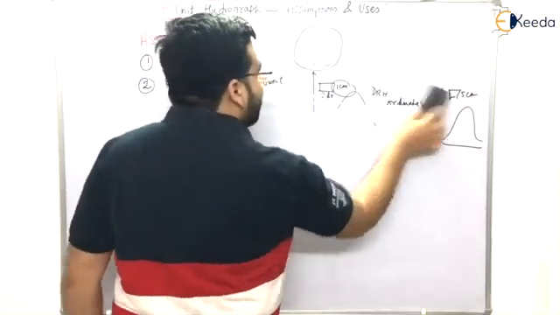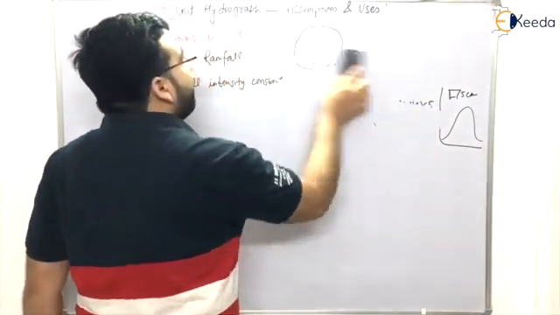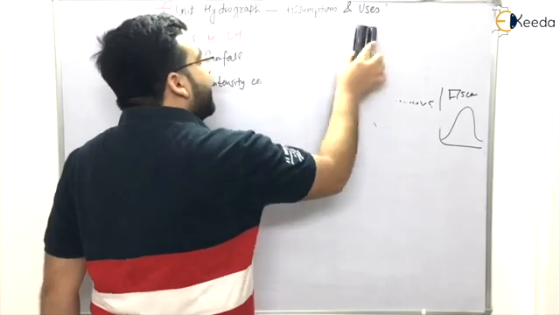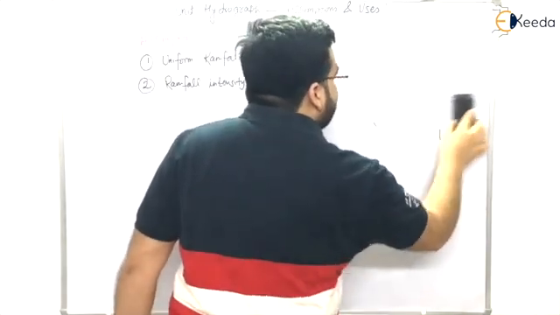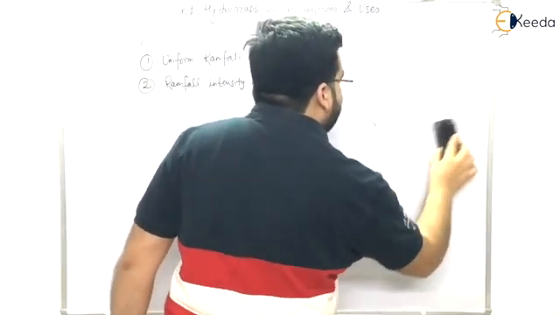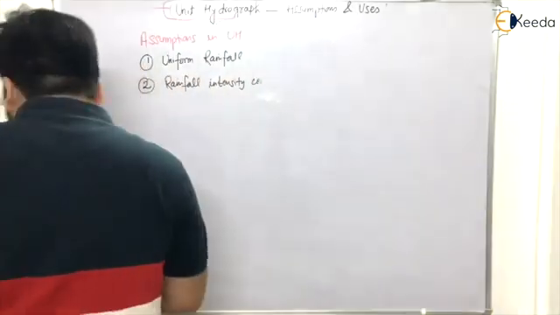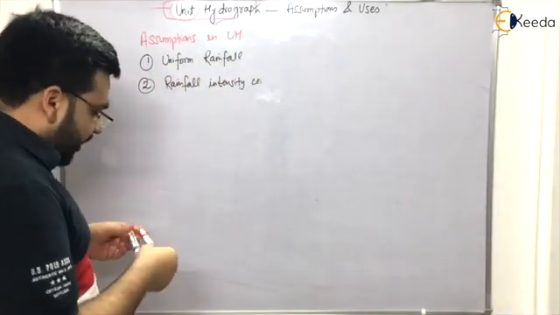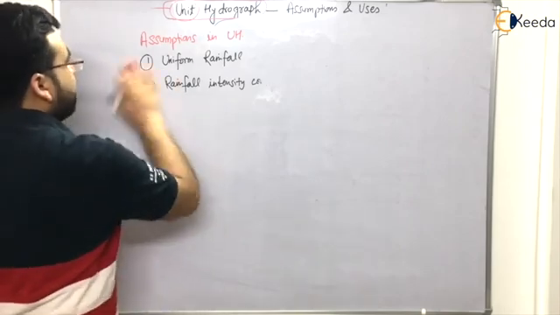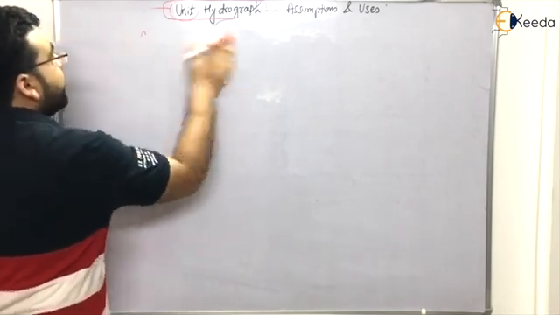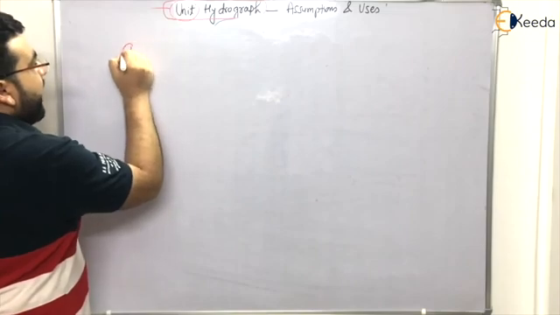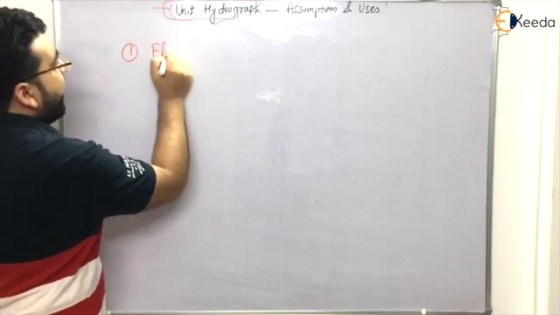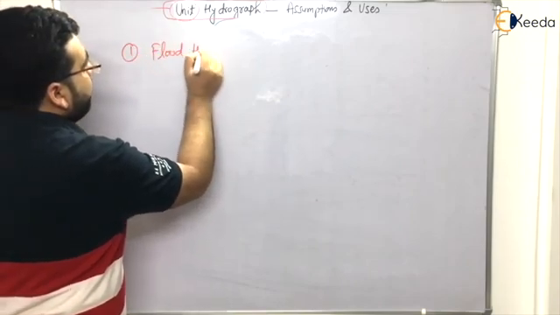So generally 3 types of questions are coming, right? Let me explain what type of questions are coming. The first type of question: I have told you about the flood hydrograph, right?